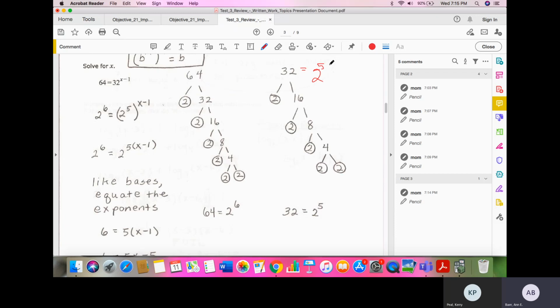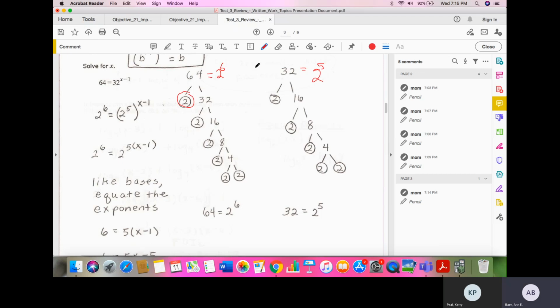That's 5. 5 2's multiplied together give us 32. And for 64, we have one additional 2 right here. So now for 64, we can write that as 2, not to the 5th because we have one additional 2, but 2 to the 6th.